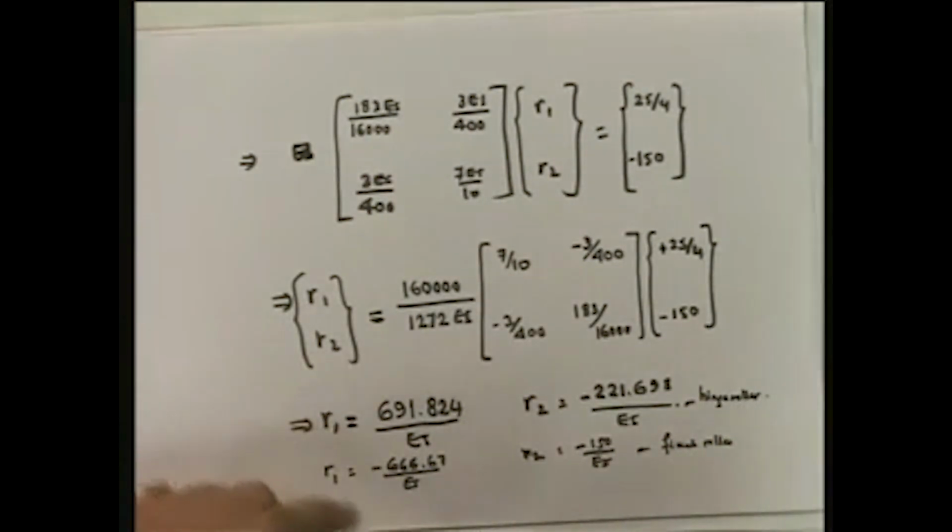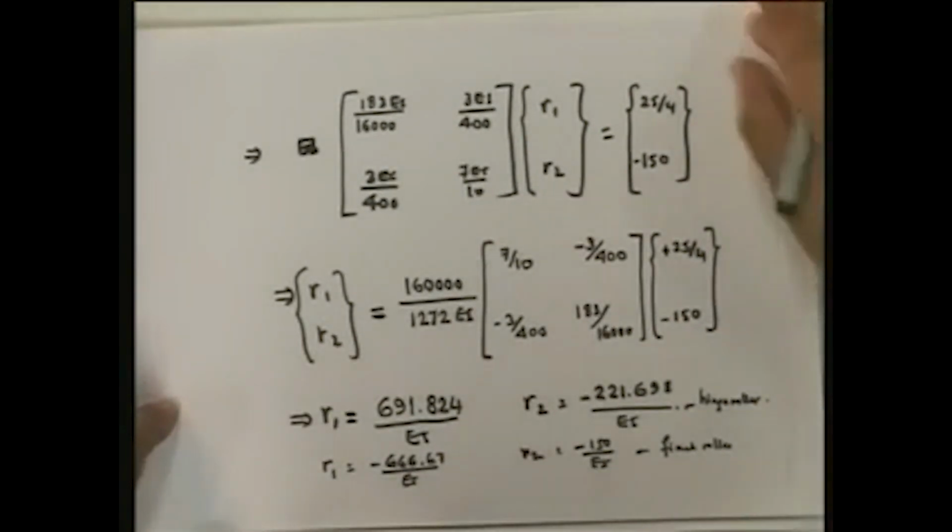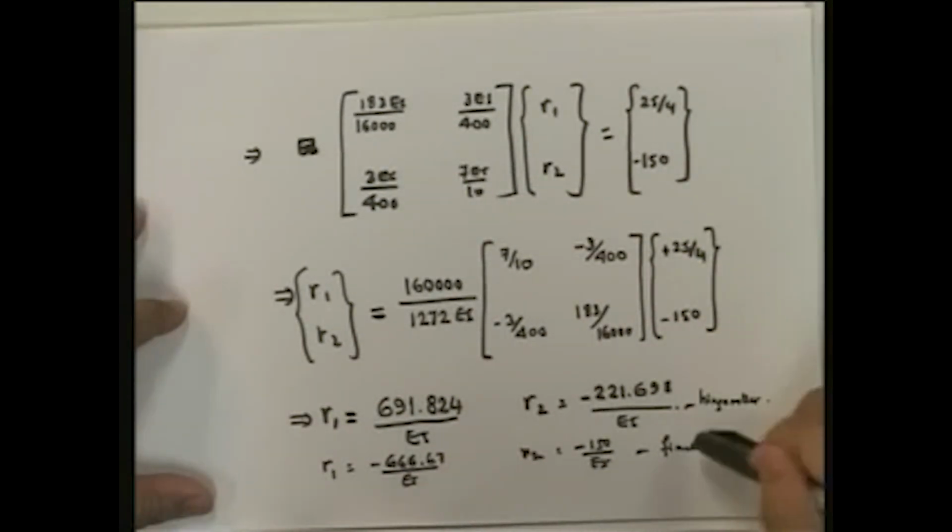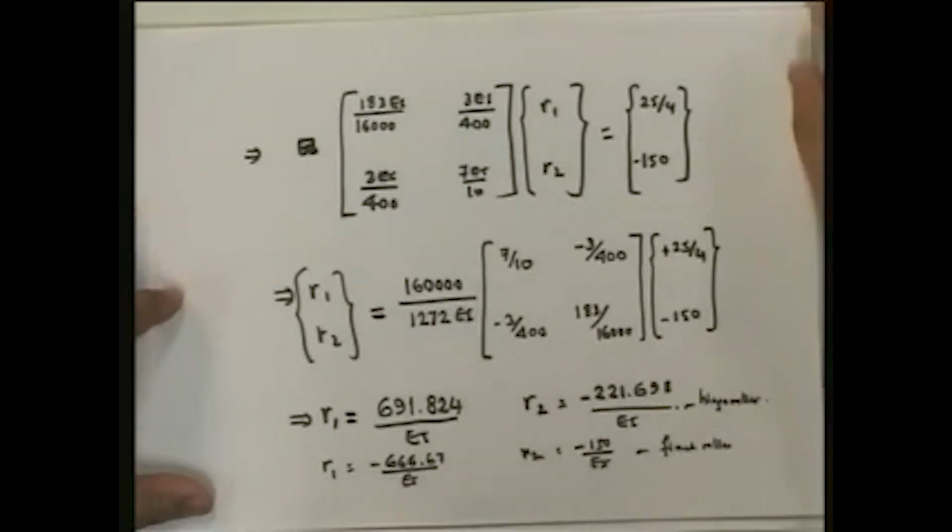So now let us look at the effect of removing the fixity at this point to make it into a hinge. In other words, eliminating the rotational restraint. What has that done to the actual displacement of the structure under the same loads? Remember, the loads for both the structures are identical, the geometry is identical.